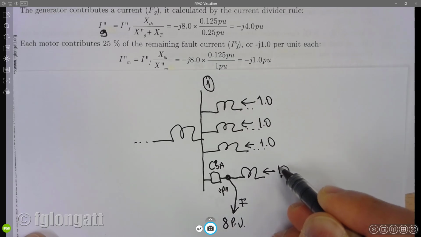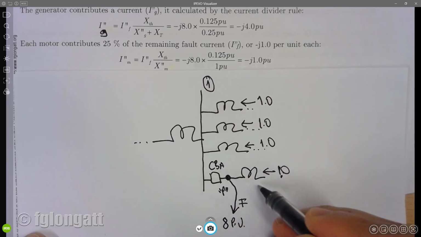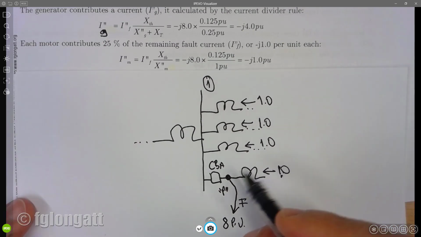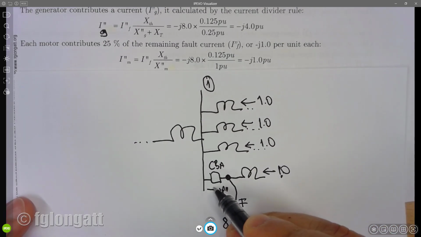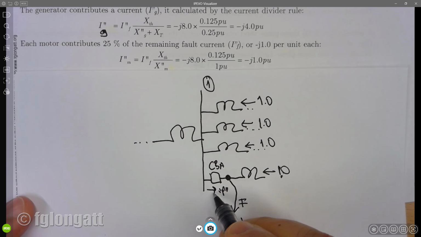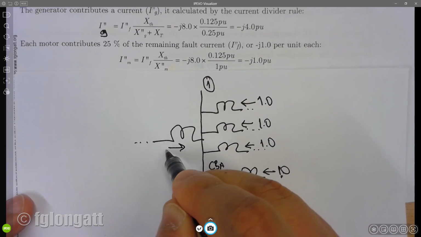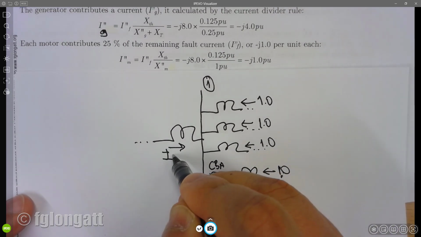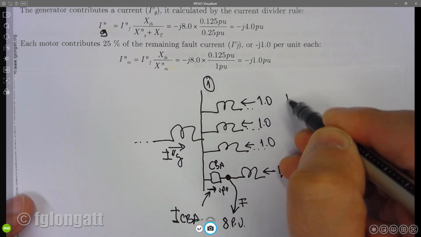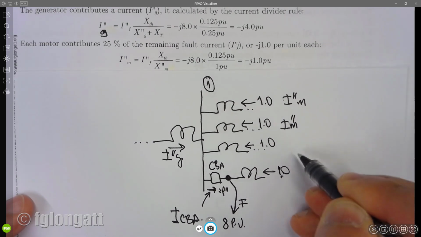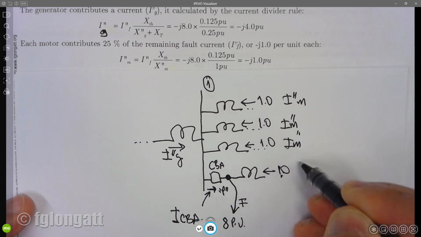The problem is this motor: there is a fault here, and this current is not affecting, to be honest, the current that is moving here, because the current here at the circuit breaker, this is the current that I want. The current going through the circuit breaker.